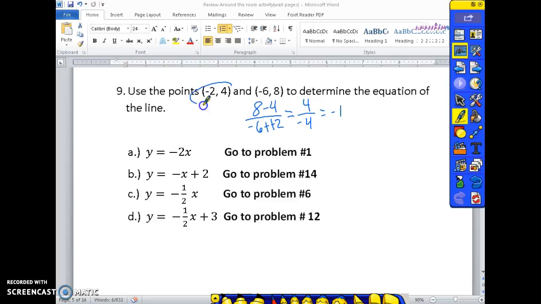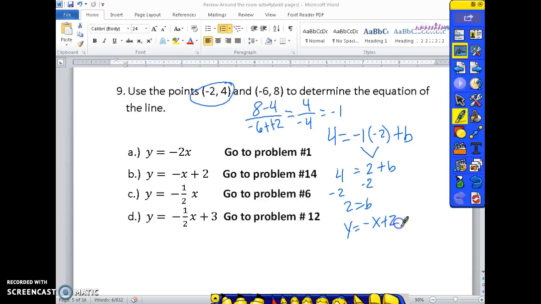I'm going to take a point and the slope, and plug it in for y equals mx plus b. Negative 1 times negative 2 is 2. Bring everything else down. To isolate b, subtract 2 from both sides. My y-intercept is now 2. So my equation is y equals negative x plus 2, which is B. We're going to problem 14.